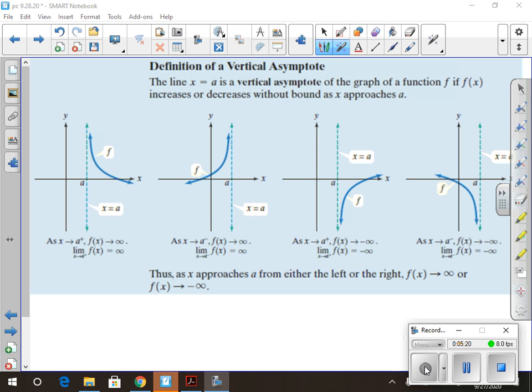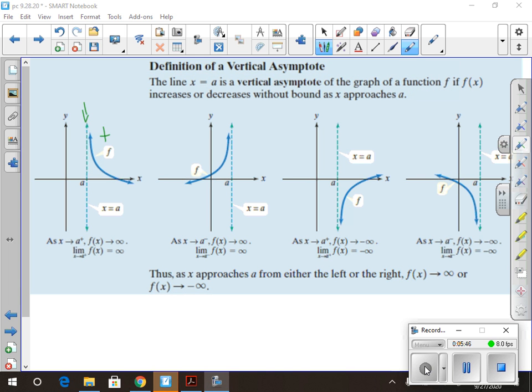So in this case, what I want you to notice is that the function itself is approaching the asymptote, as x is approaching from the positive side. This is considered the positive side of this asymptote right here.